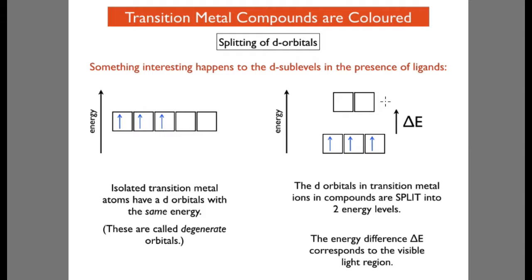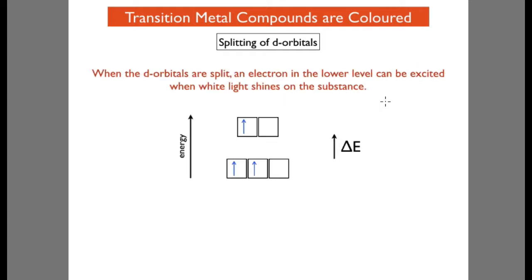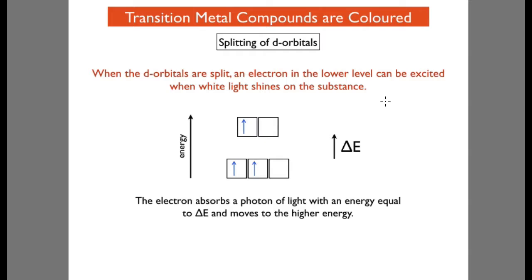The energy difference, delta E, corresponds to the visible light region, and that's how you see these colours. So when the d orbitals are split, an electron in the lower level can be excited when white light shines on the substance. The electron absorbs a photon of light with an energy equal to delta E and moves to the higher energy level.